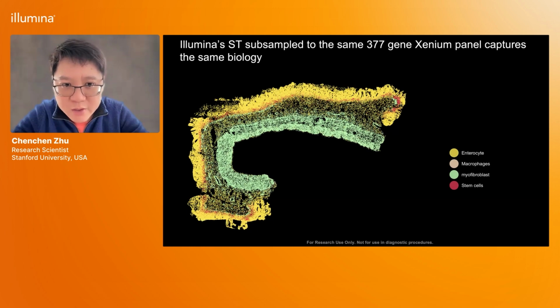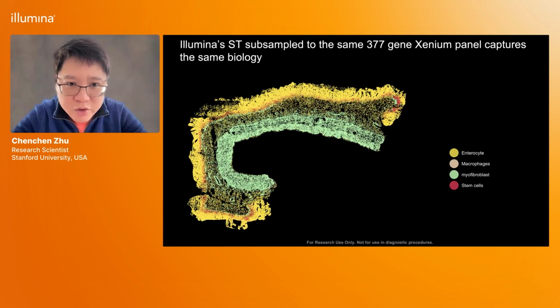But more importantly, we can also get the important cell type, the stem cell at the bottom of the crypt. These are the cells responsible for regenerating our mucosa layer, because we keep losing the mucosa during the digestive process, and the stem cells are there to regenerate it.